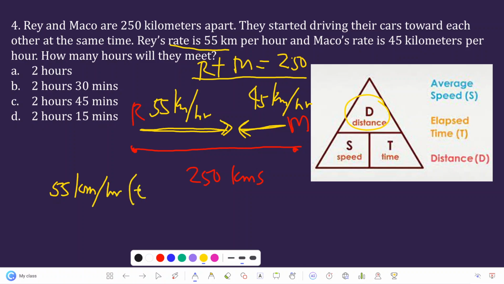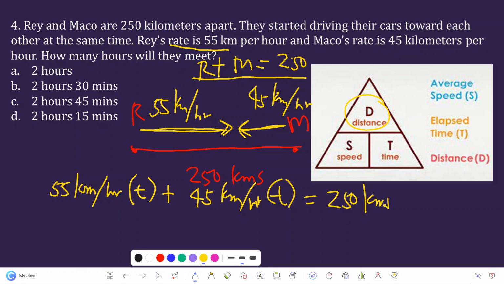I-multiply mo lang sa time plus ang kay Mako naman, which is 45 km per hour times t din para makuha mo ang distance is equal to 250 kilometers. Ngayon, pwede mong i-add dahil parehas naman ang mga units. So, we have here 100 km per hour times t is equal to 250 kilometers.